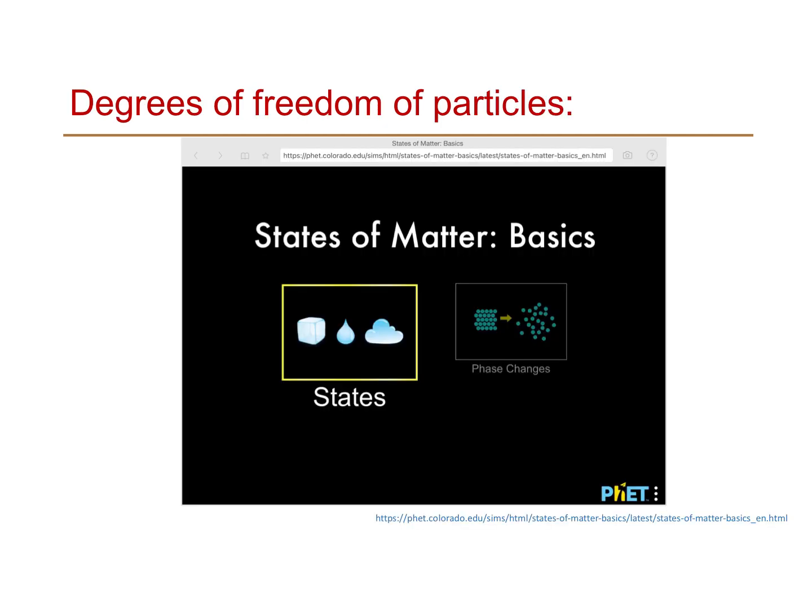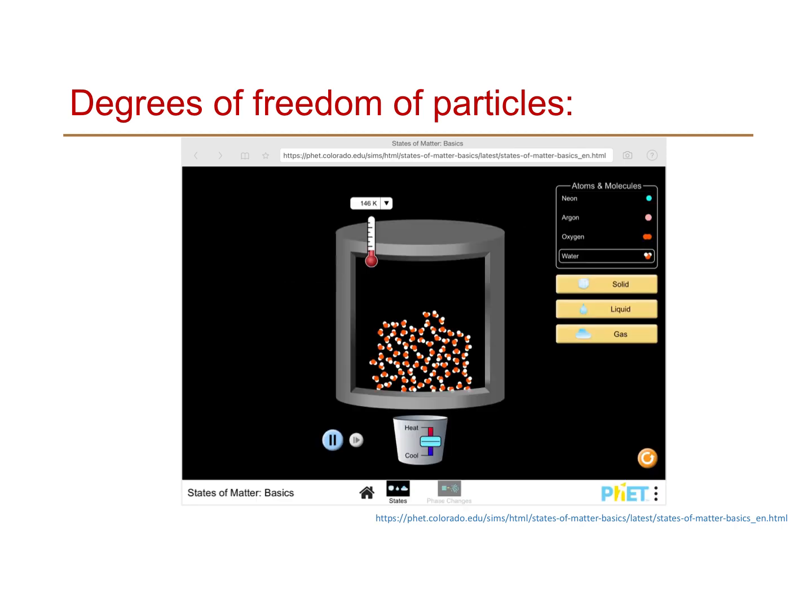Let us now see a simulation that explains the movement of particles in various states of matter. In a solid, particles have the least amount of freedom. They have no translational freedom, meaning the particles are confined to a fixed position and they cannot move.